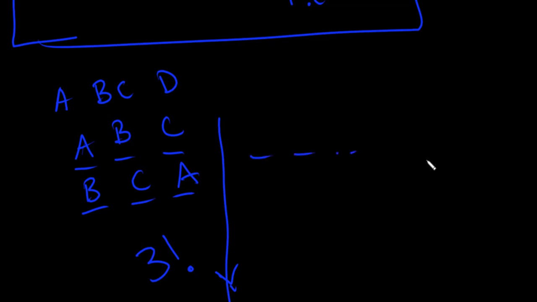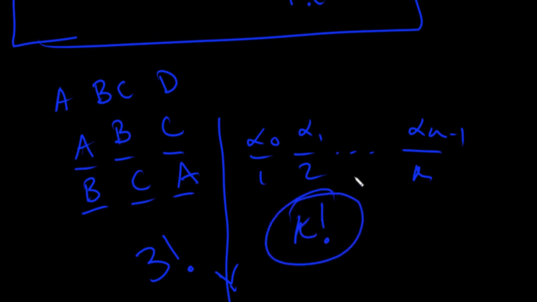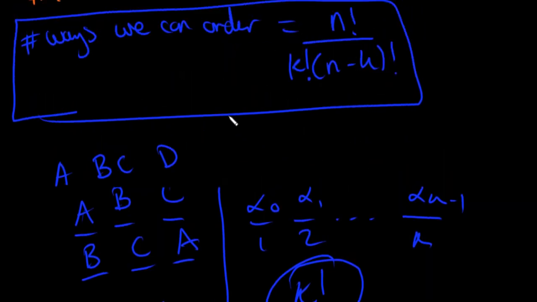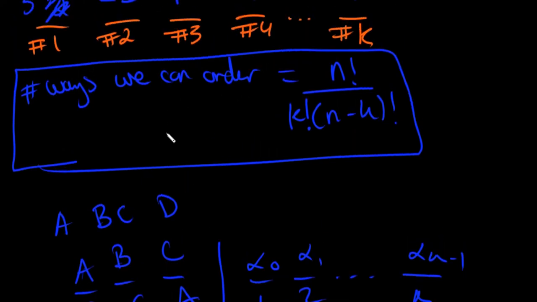So if you had k spots and you had a particular arrangement, 1, 2, k, then you will have overcounted by k factorial if you apply the permutation formula, because that's the number of ways you could rearrange all of these people and it wouldn't make a difference. So this is the number of ways we could order, and this is also called n choose k. That's the way you can write it. Just these long parentheses and n on top of k.